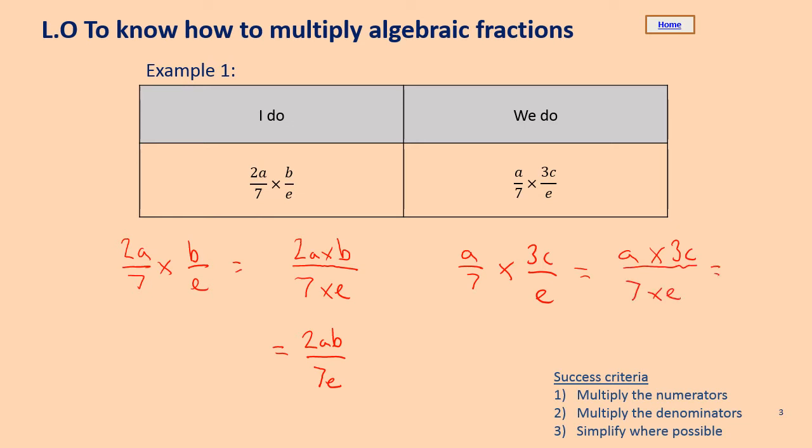A times 3c, we're going to write as 3ac, and 7 times e we're going to write as 7e. Then just check if we can simplify, and again we cannot simplify any further, so this is our answer. Make sure to mark yours in green pen. Well done if you got this correct answer. If you didn't, look at the worked example and try to figure out where you went wrong.